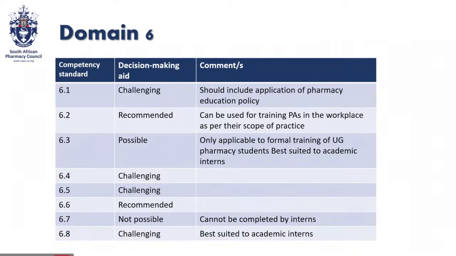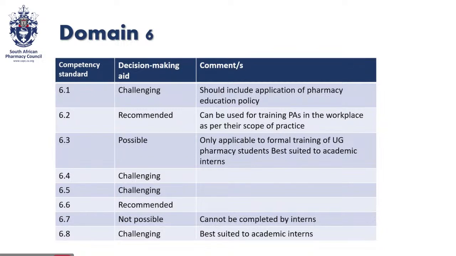6.1 is challenging. Don't attempt that one because it should include application of pharmacy education policy. 6.3 is only applicable to formal undergraduate training at universities, so it's more suitable for academic interns. But again, look at the behavioral statements and make sure that you will be able to address them.